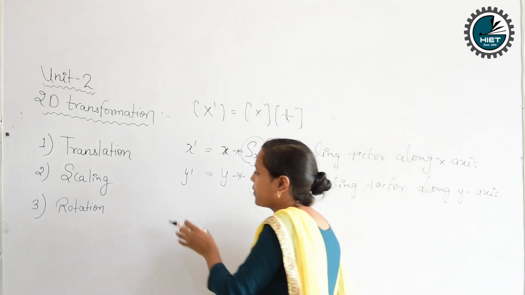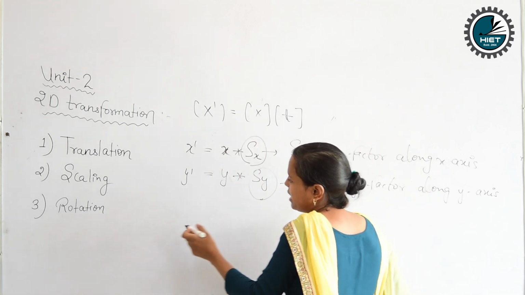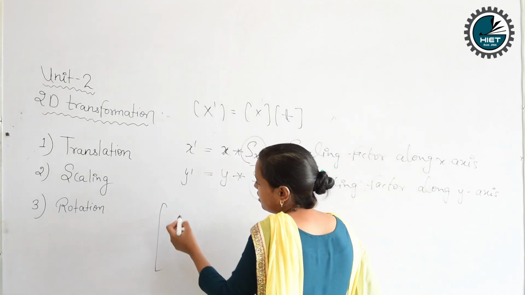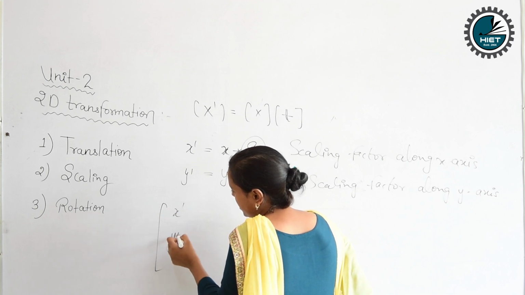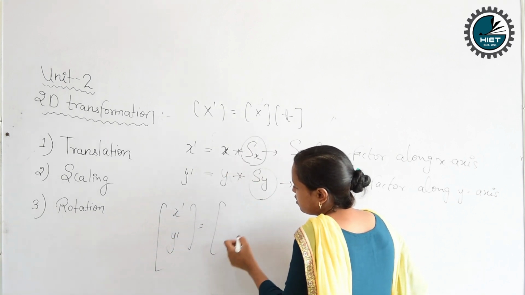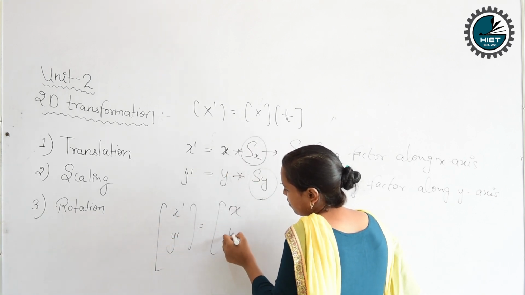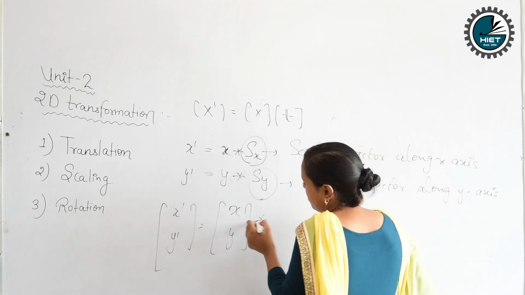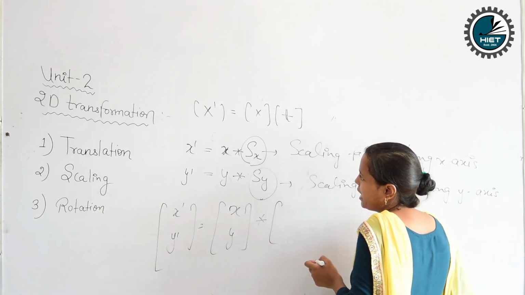If we put that in matrix form, x dash y dash equals the old matrix x y multiplied by the transformation matrix.